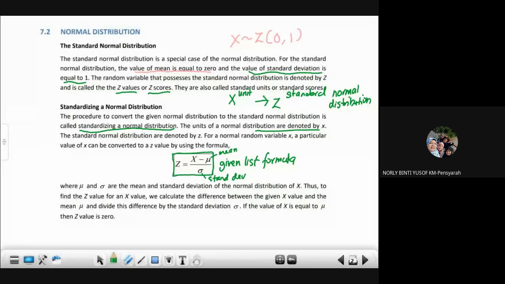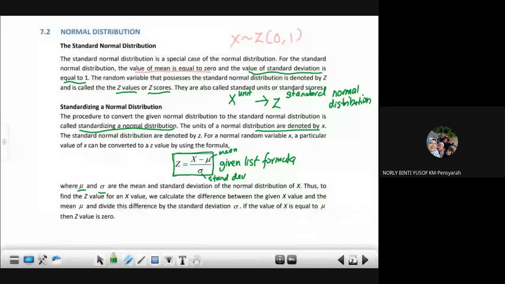Where mean dengan standard deviation ni adalah symbol yang saya terangkan tadi of the normal distribution of X. Thus, to find the value of Z for an X value, we calculate the difference between the given X value and the mean and divide this difference by the standard deviation. If the value X is equal to the mean, then the value Z is 0. Nanti kita akan tengok pada example.